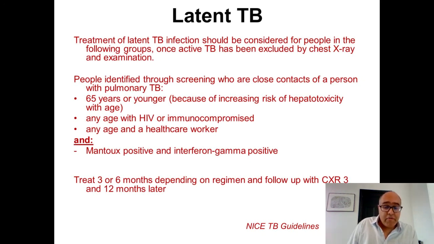And therefore we would offer these close contacts prophylactic treatment, and that's usually a combination of rifampicin and isoniazid for between 3 and 6 months with really close follow-up, including X-ray follow-up at regular intervals.